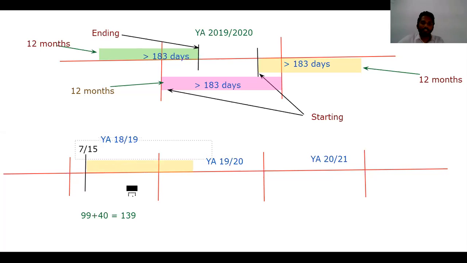Something like this, the 12 months, from this July 15 to next year July 14. Then we will draw a diagram and see whether he becomes a resident in this period.